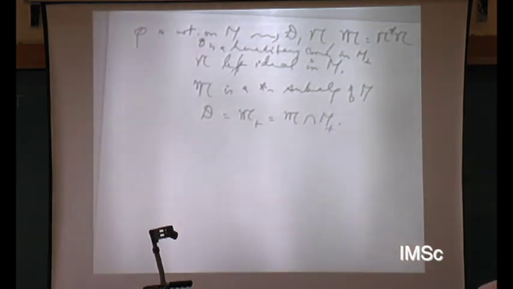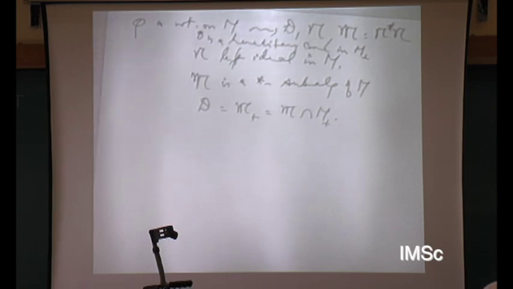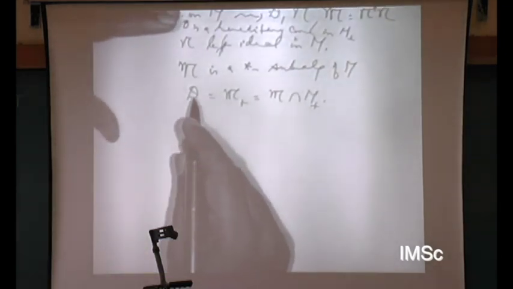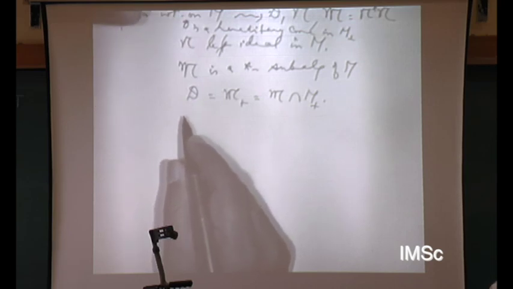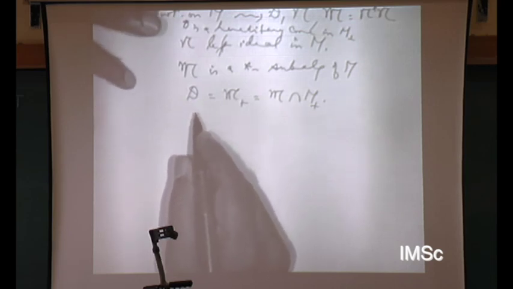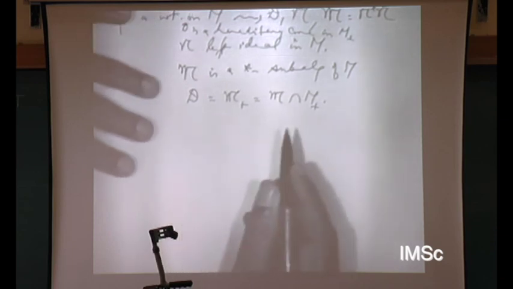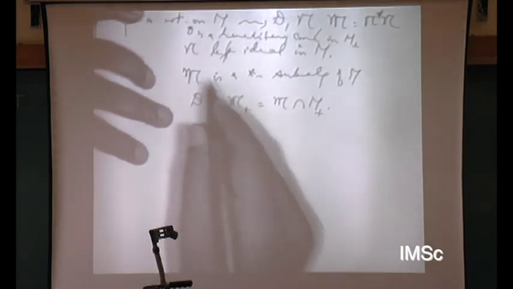By that I mean if x and y are there, then x plus y is there, and anything smaller than x is there. Okay, so using that, I want to first prove that M is contained in D. Why?